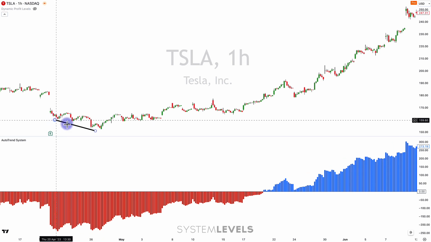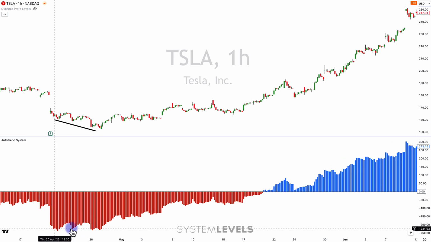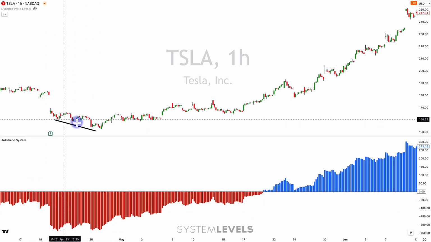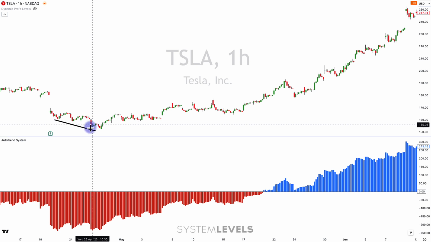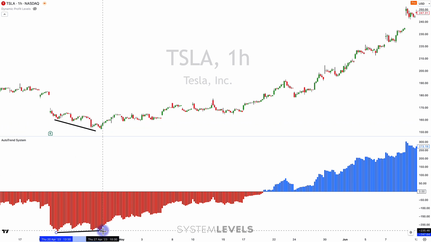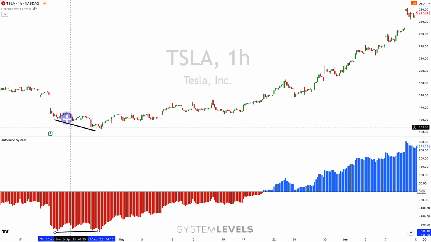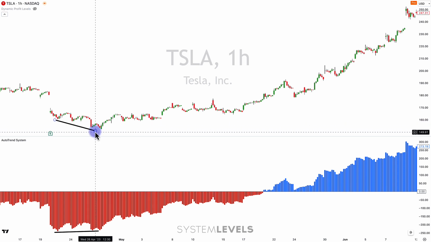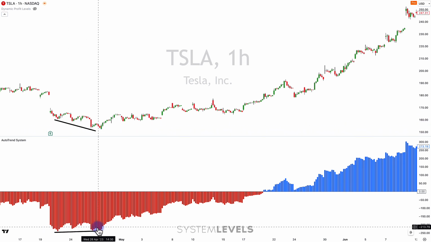But that does not translate into the ATS. So the momentum of this down move is not there. There is no momentum behind this move to the downside. You can see it very clearly here. So even though price did make a lower low, the ATS did not.